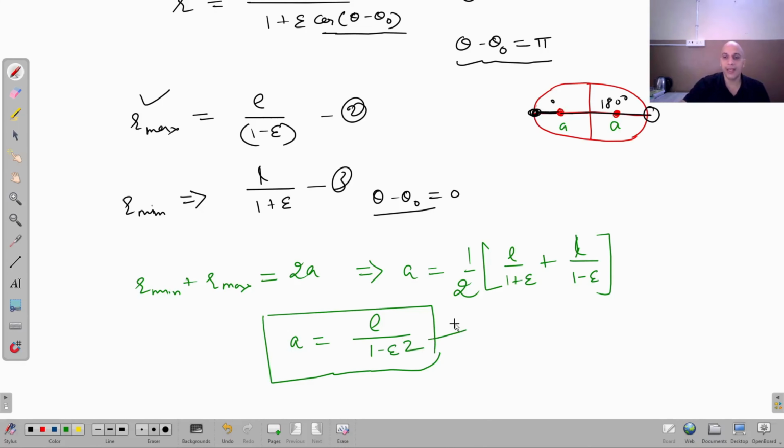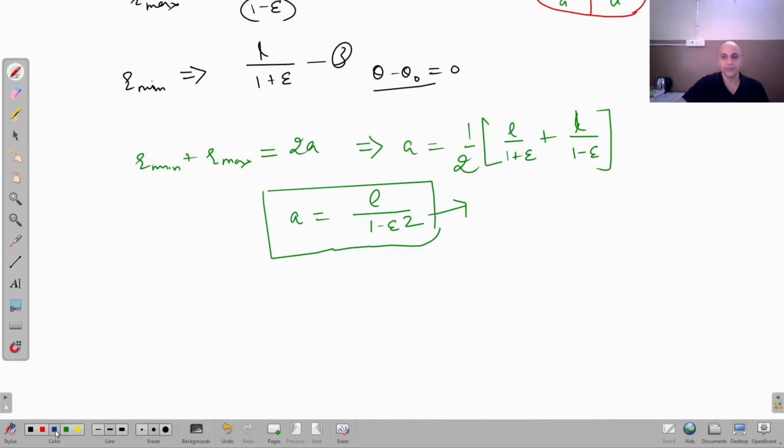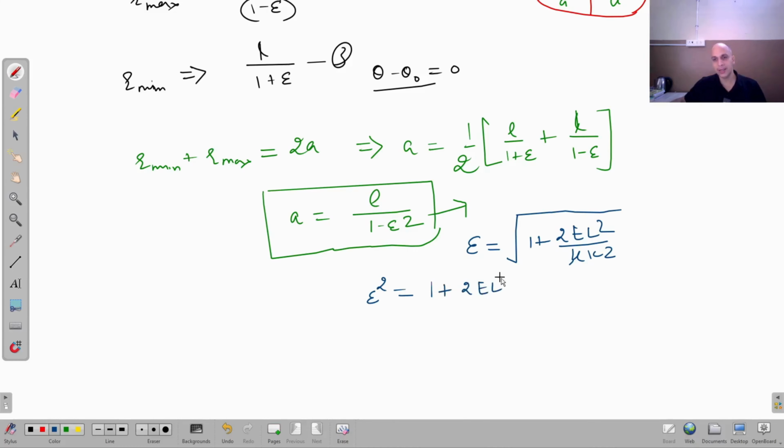We have learned about the expression for the eccentricity in this chapter. So eccentricity epsilon is equal to under root of 1 plus 2EL square upon mu k square. Here mu is the reduced mass, k is the force constant, L is the angular momentum, E is the energy. So epsilon square gives me 1 plus 2EL square upon mu k square.